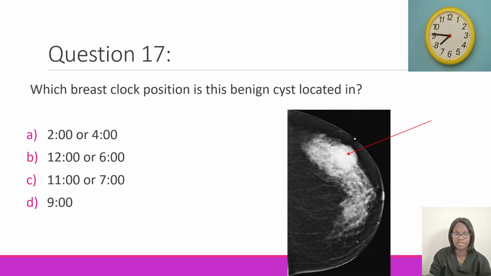All right, question 17. Which breast clock position is this benign cyst located in? Is it 2 o'clock or 4 o'clock, 12 o'clock or 6 o'clock, 11 o'clock or 7 o'clock, or 9 o'clock?